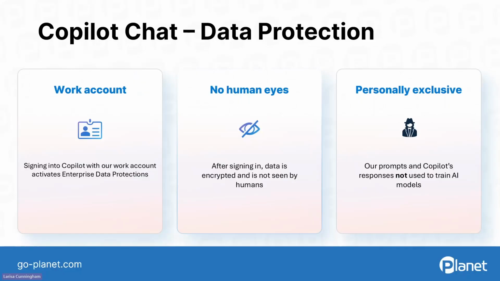So when we talk about our data, I know for many of you that is a crucial component of concern. And I want to emphasize that when you're signed in with your organization credentials, you will automatically get enterprise data protection. And there are some key ways that we can pick that out and make sure that those are happening for our conversations. But what this means is after you're signed in, your data is encrypted and it's not seen by anyone else.